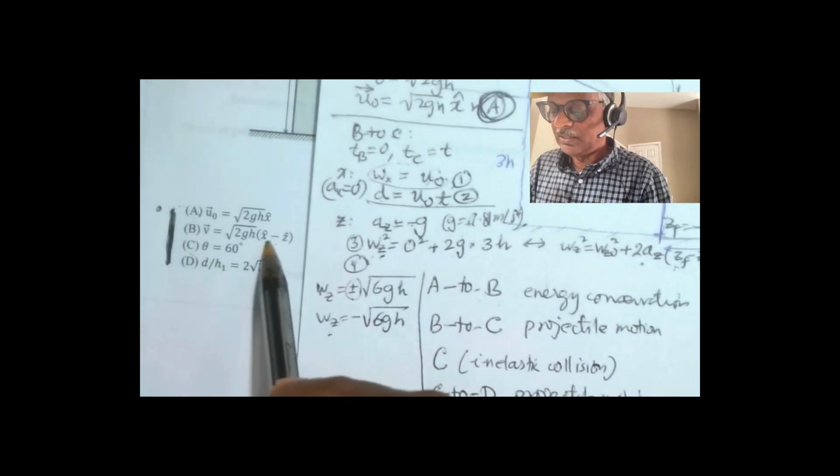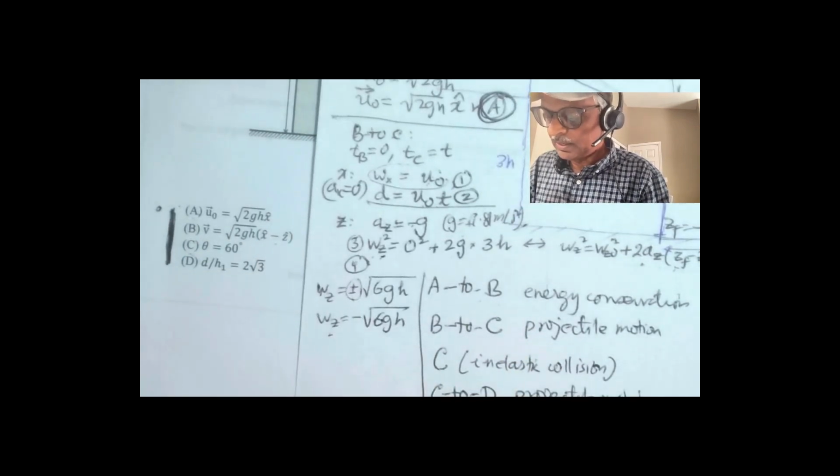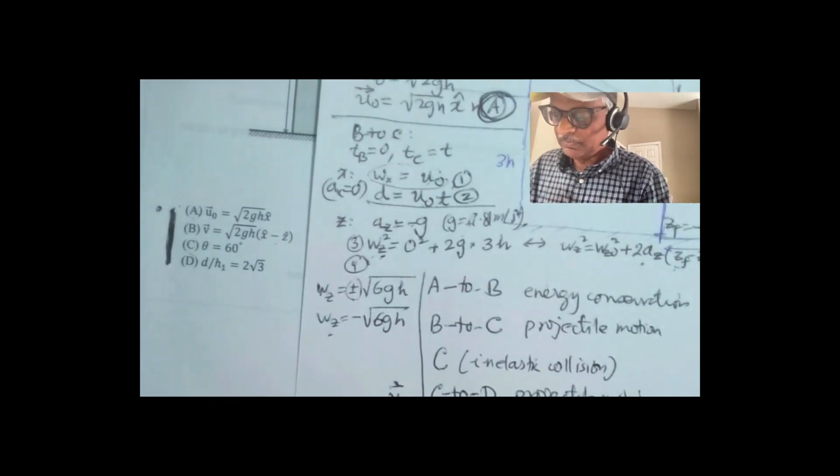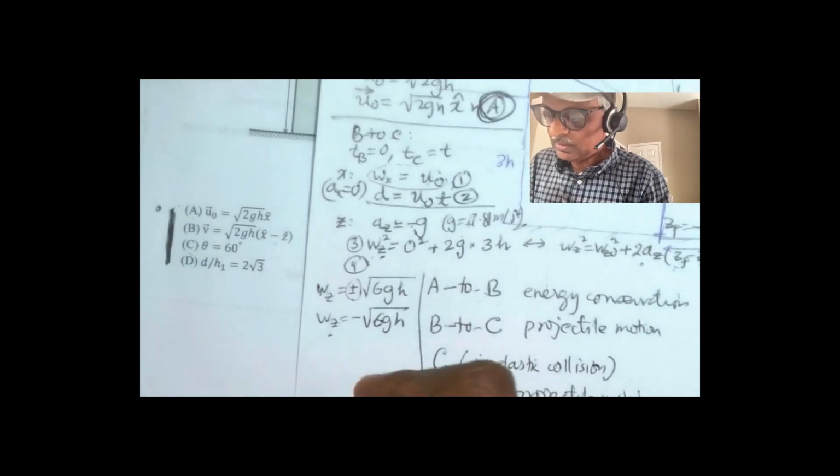It is just that the direction is wrong. You can see that after the bounce it came in like this and went like this. This is the V direction. So if you look at the axes, this is the positive x direction, this is the positive z direction.